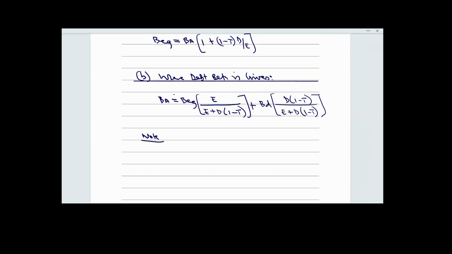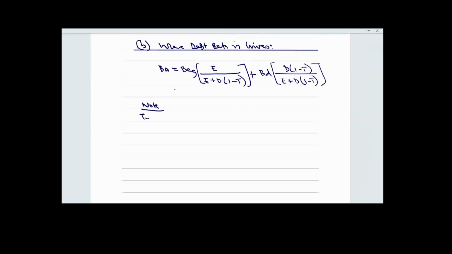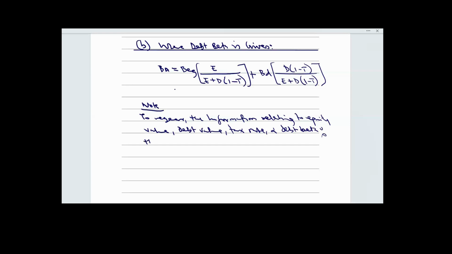Notes: to regear, the information relating to equity value, debt value, tax rates, and debt beta of the main company should be used, so that you don't give one belonging to Peter to Paul.